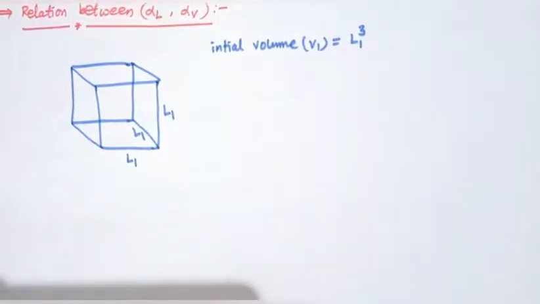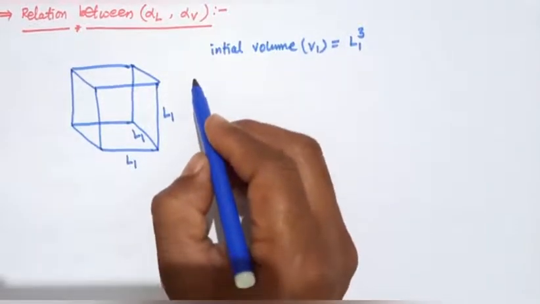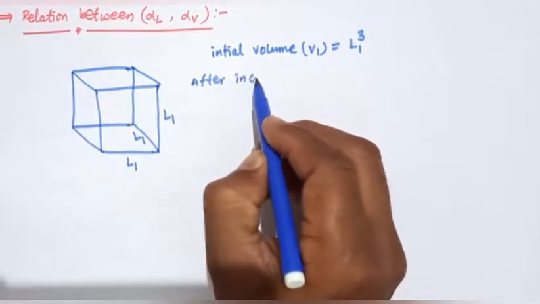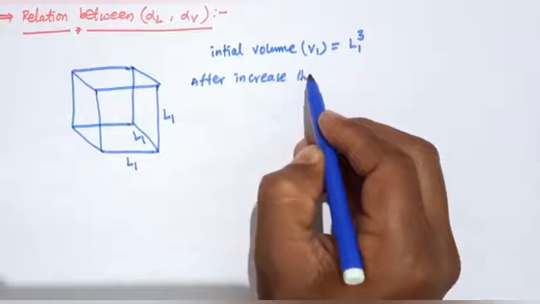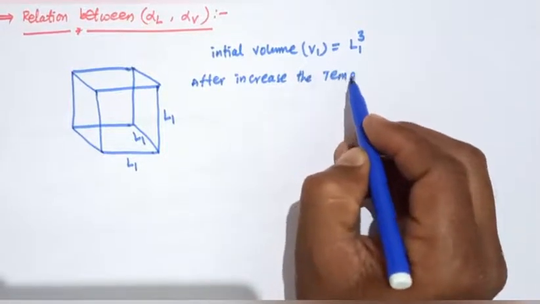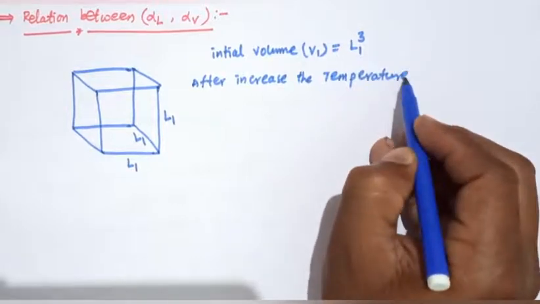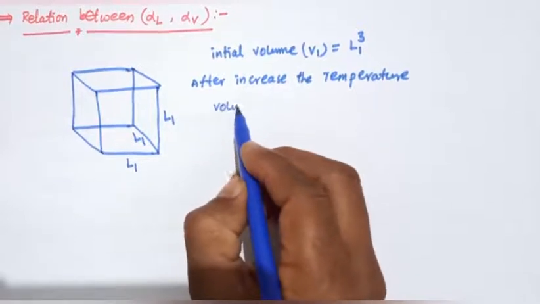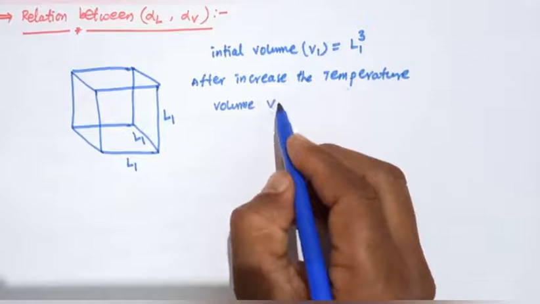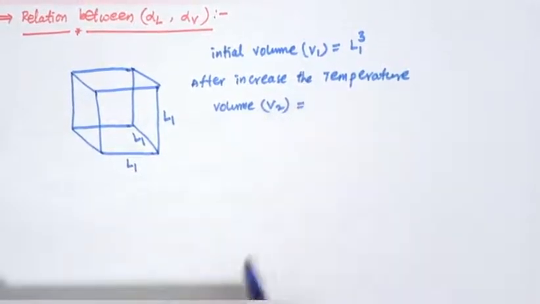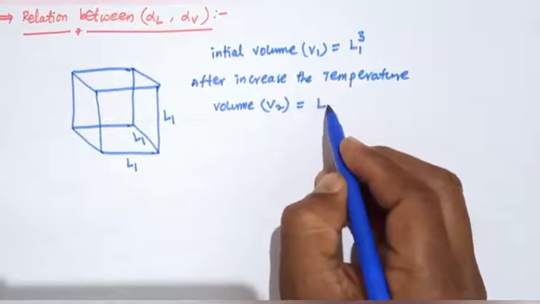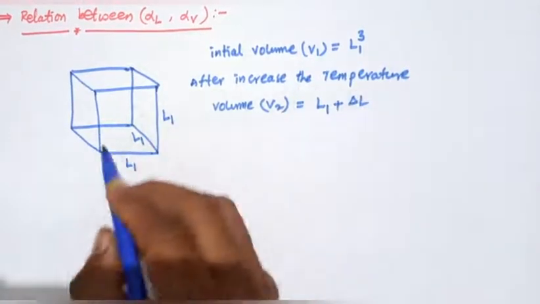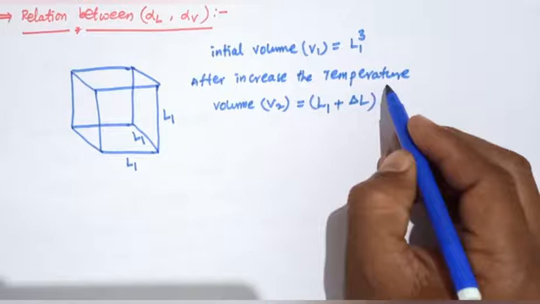After increasing the temperature, the volume V2 equals L1 plus delta L, where delta L is the change in length, whole cube.